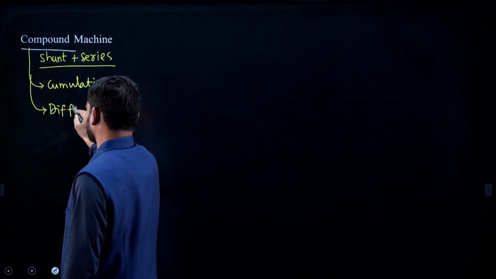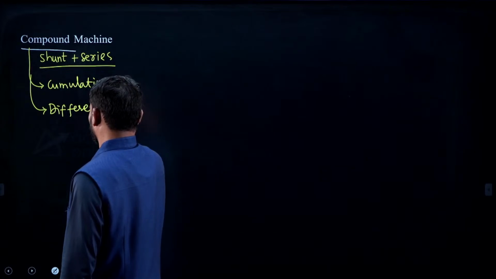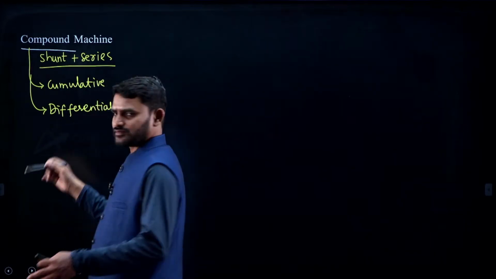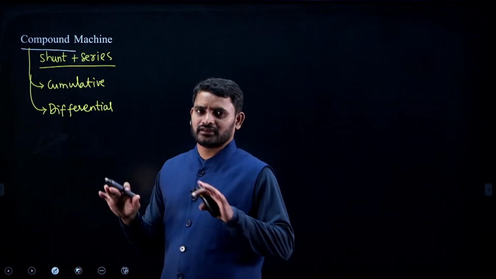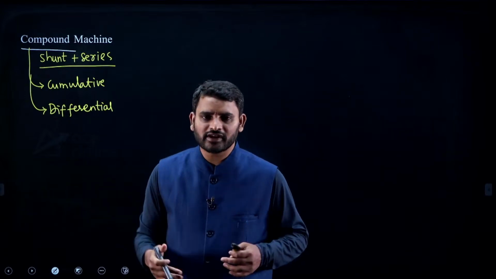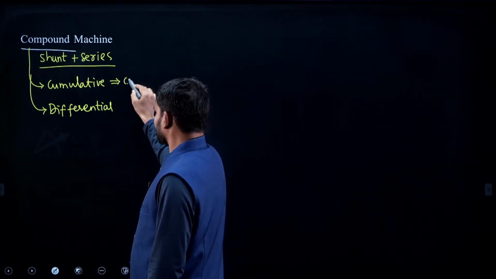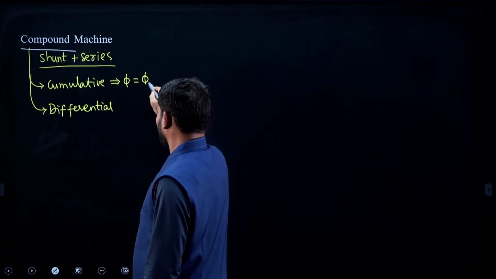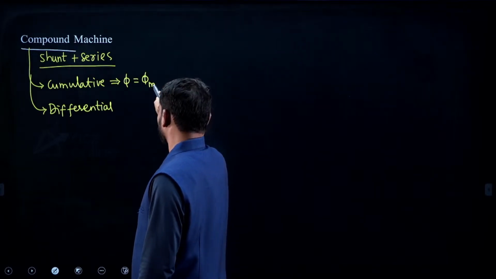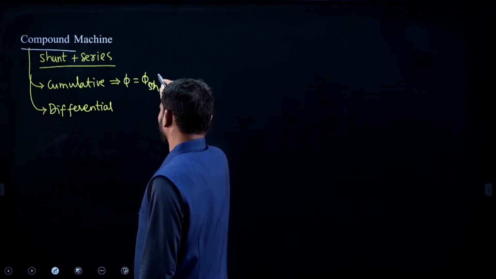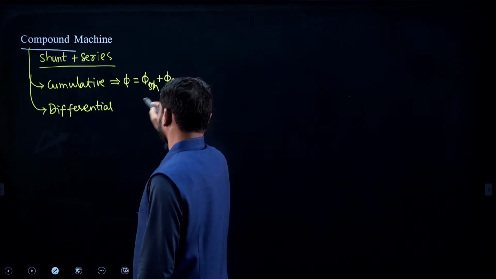I am not writing the equations or the diagrams, it is enough; you will get the same pictures, but with one more winding. The resultant flux is going to be the addition of the main field flux, or shunt field flux, plus the series field flux.